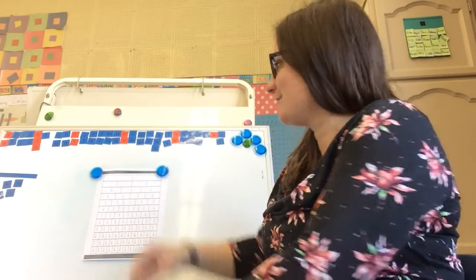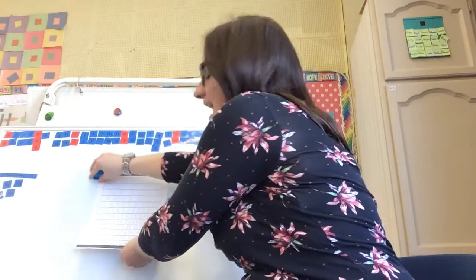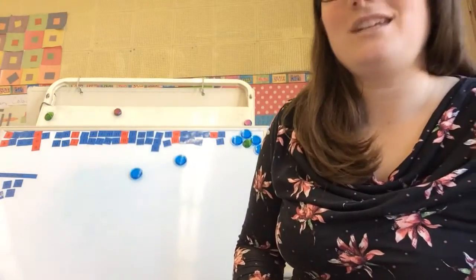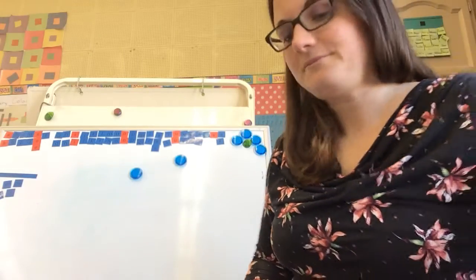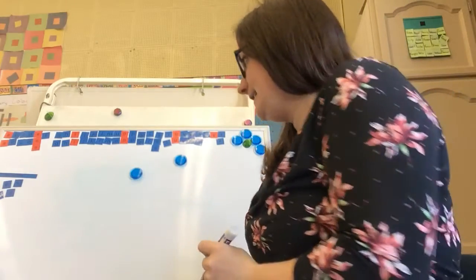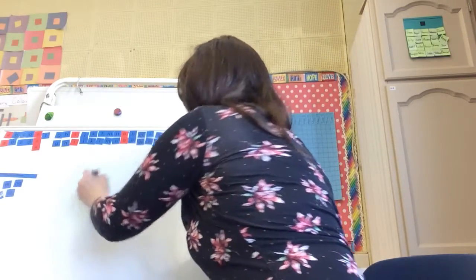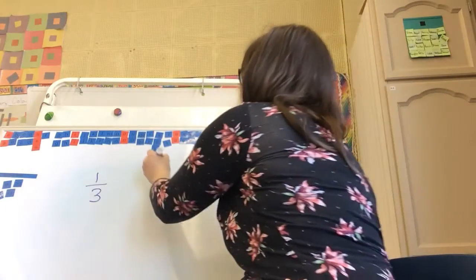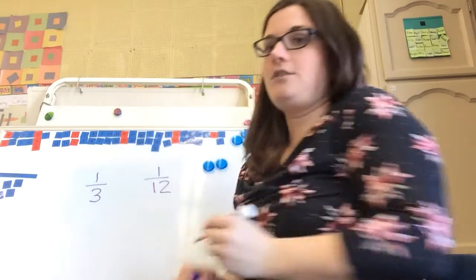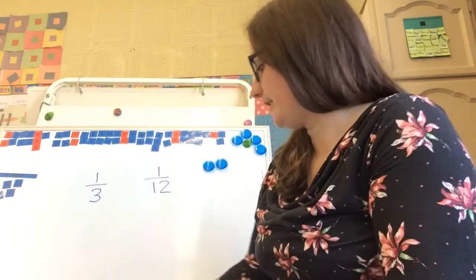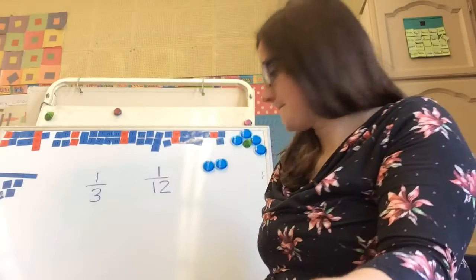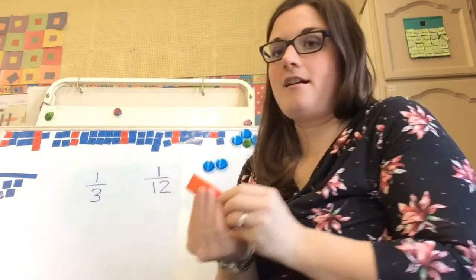Okay, welcome back. I hope you have colored and cut out our fraction bar sheet, because you need to do something with me. I would like you to get your 1/3 piece, and I want you to get your 1/12 piece. Can you get both of those pieces that you colored and cut out for me? Here are mine.